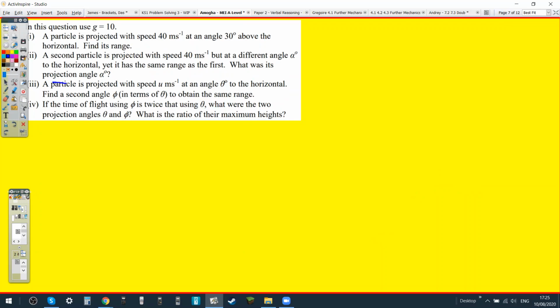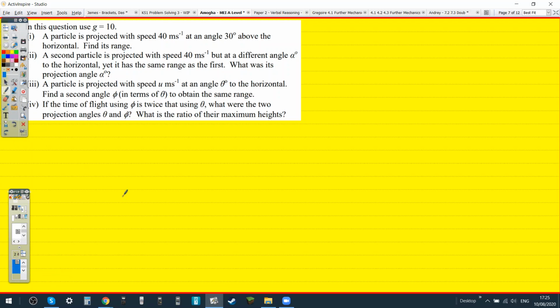Okay. Use g equals 10. So you want when x. First you have to find, well, the x one would just be at an angle of 30 degrees. So the x one would be cos 30. Is that right?